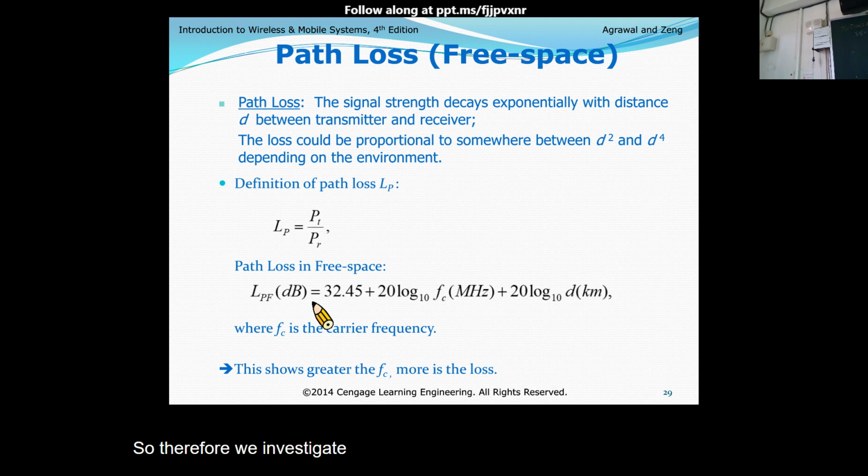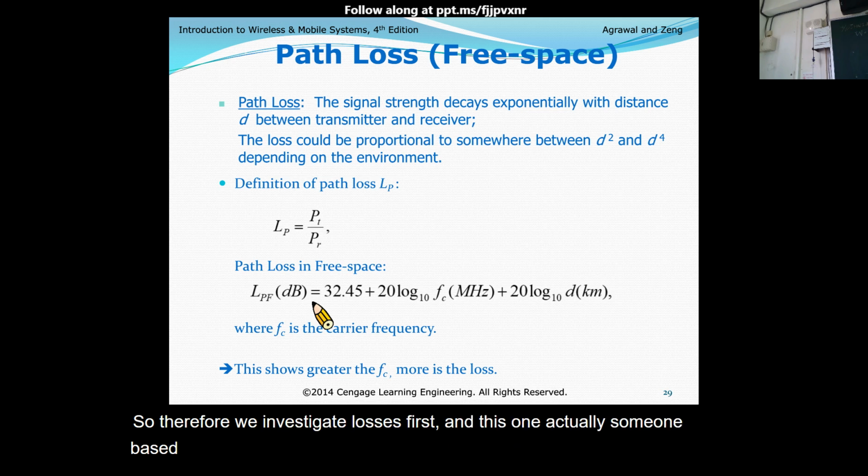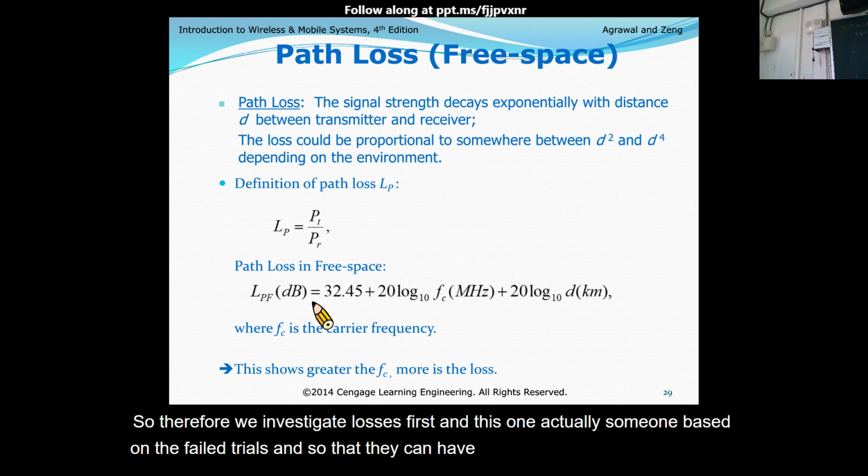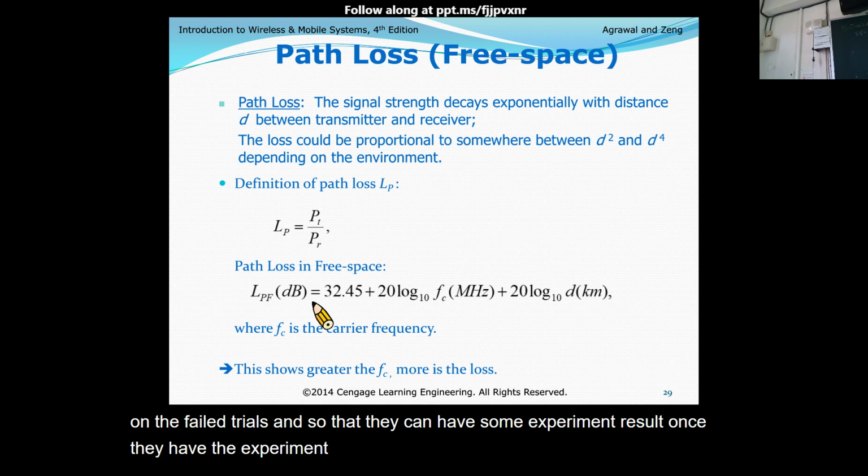And this one actually, someone based on field trials saw that they can have some experiment results. Once they had the experiment results, they found some relationships. First of all, the path loss is related to distance.